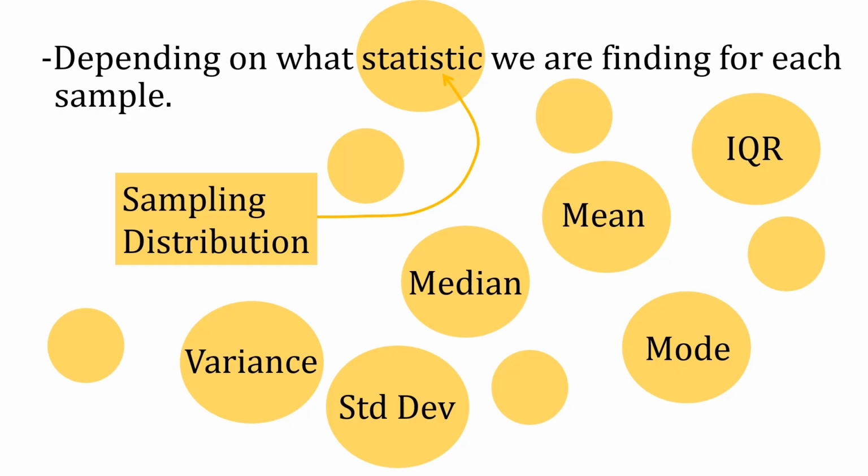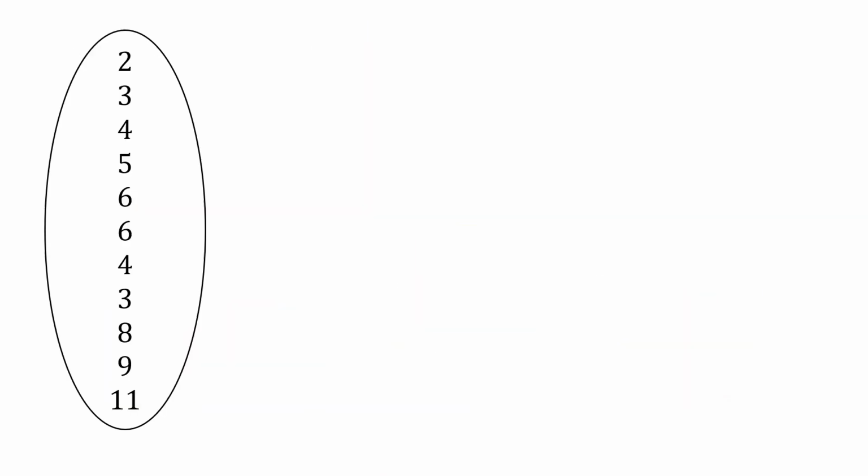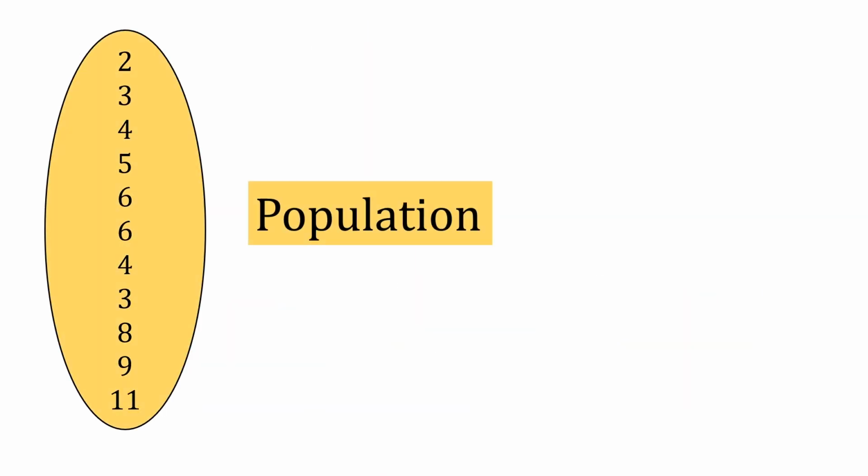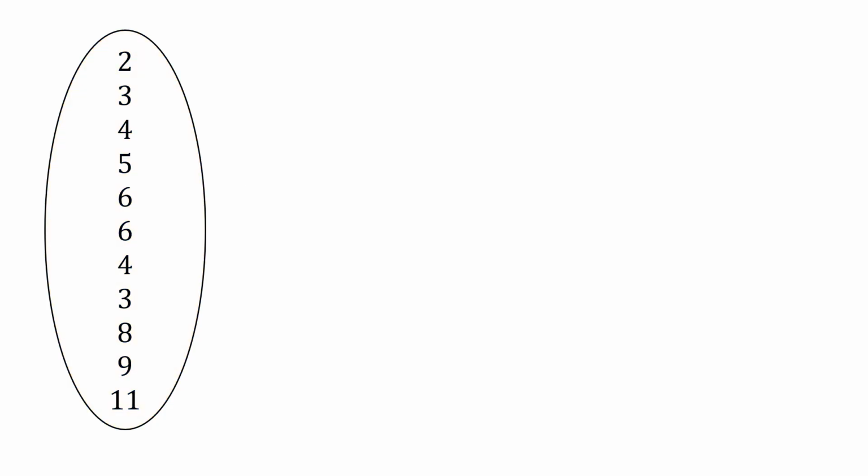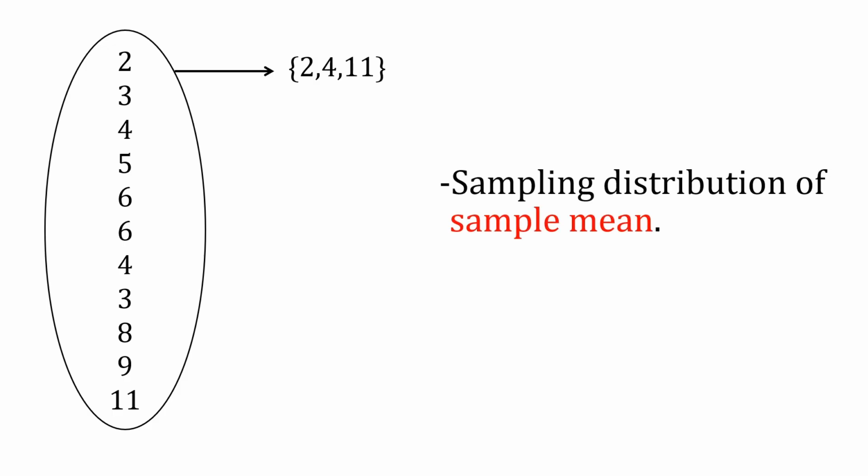Now let's understand this sampling distribution by taking an example. Let's say this is our population, which consists of numerical values like 2, 3, 4, 5 and so on. Let's say we draw a sample of size 3. Here also we are interested in the sampling distribution of the sample mean, so we will find its mean.